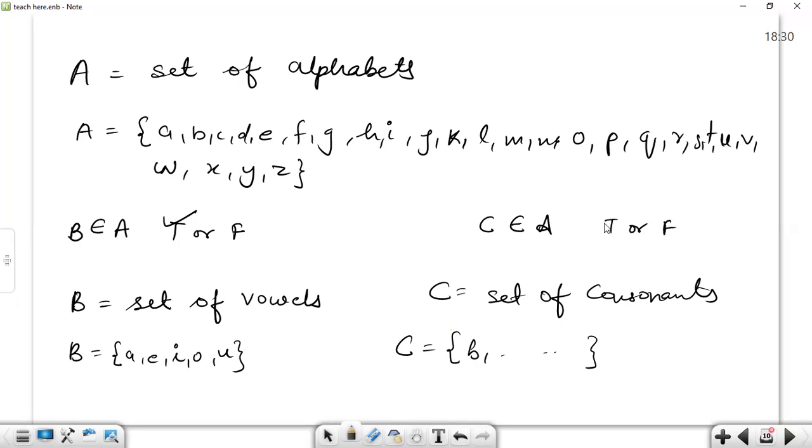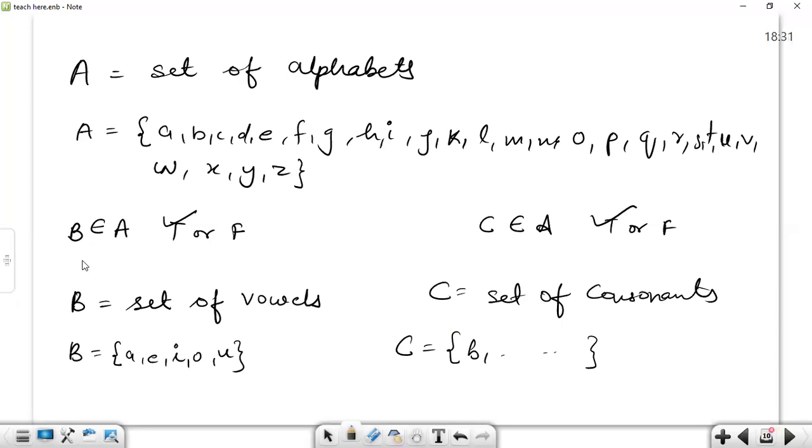True, sir. So in this case, otherwise we were saying that if there was a particular element here, this particular element is an element of the set A. Now, here this is not an element, this is a set itself.